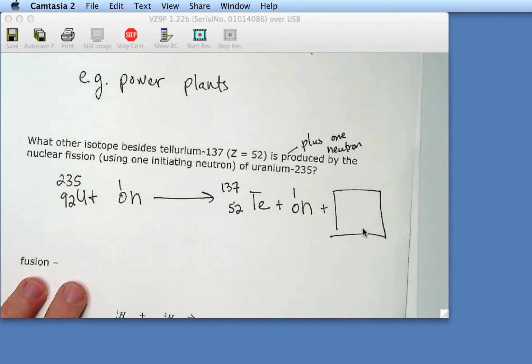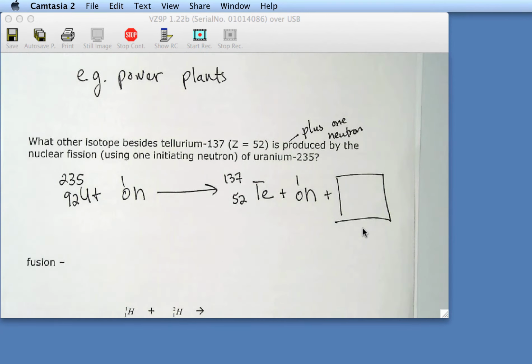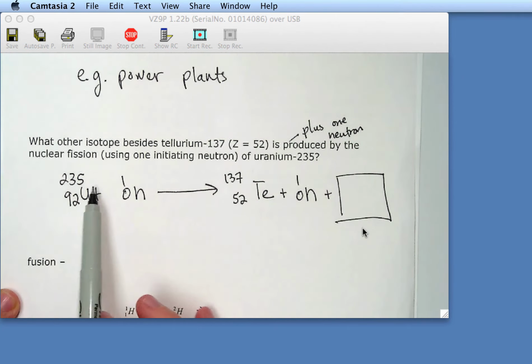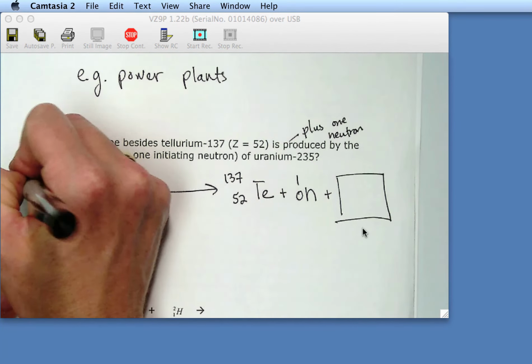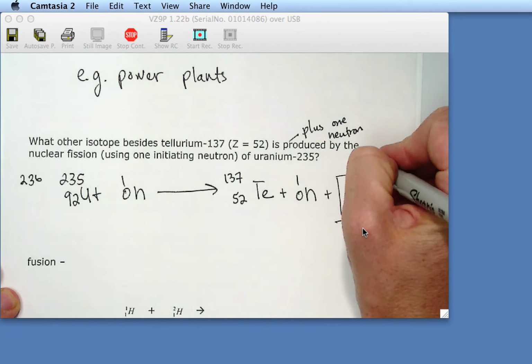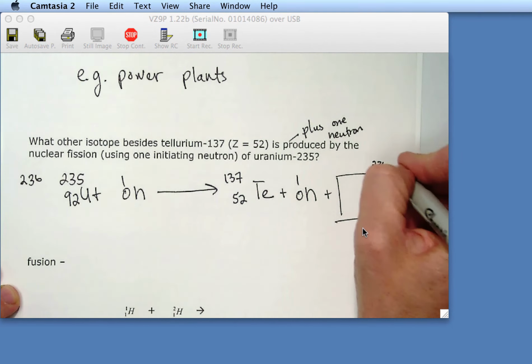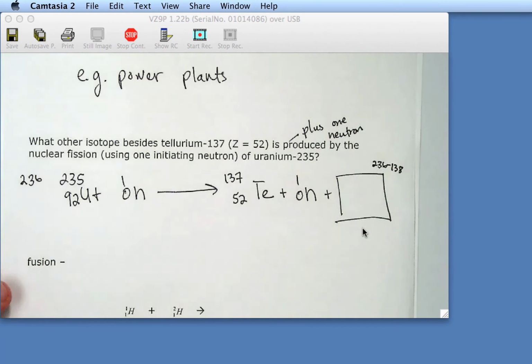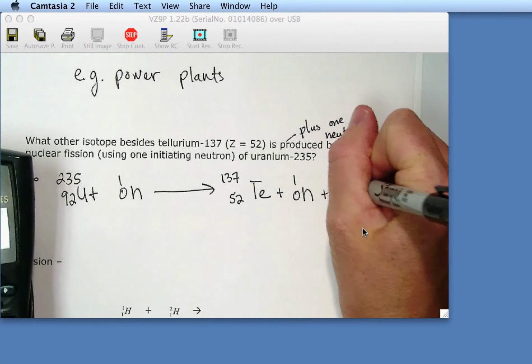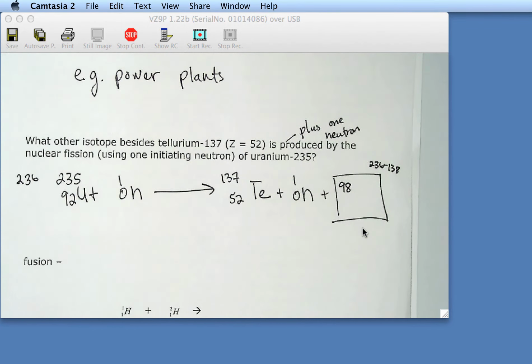So we have to figure out what the missing isotope is. You're going to do, just like we have been doing with these nuclear reactions, it looks really complicated, but it's just addition and subtraction. So 235 plus 1 gives you 236. I need 236 over here. 236 minus 138 gives 98.